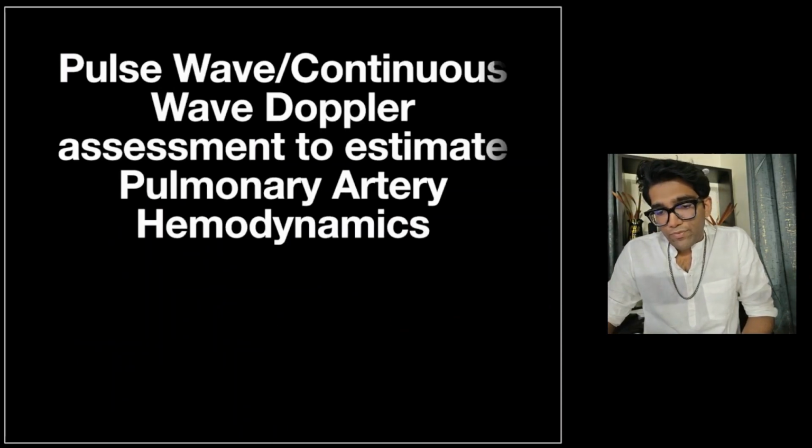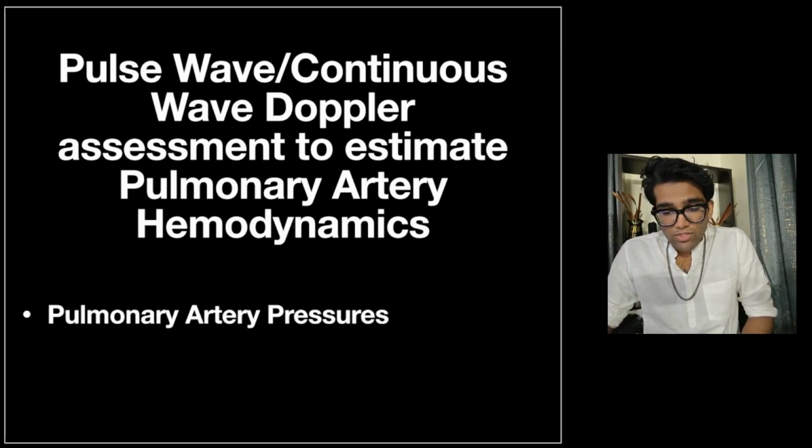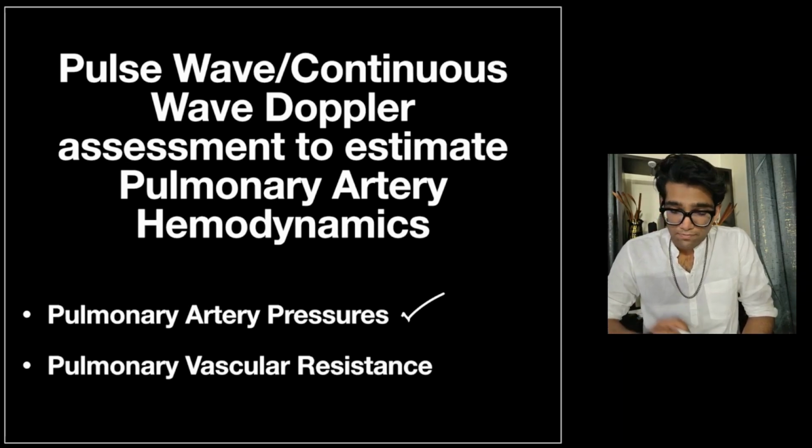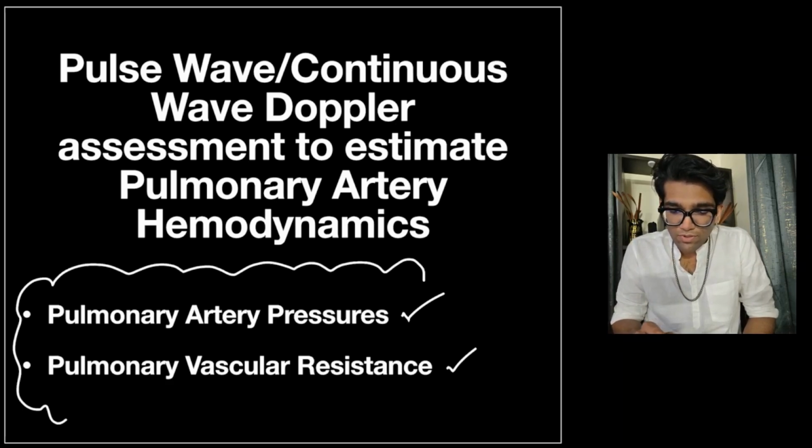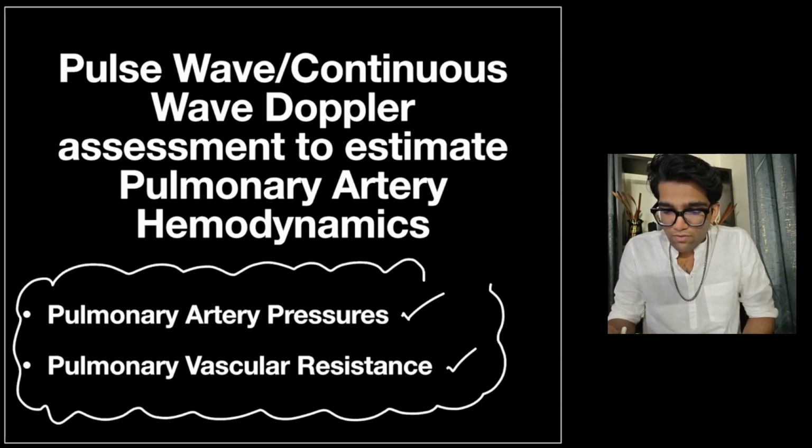Now moving on, we use pulse wave and or continuous wave Doppler assessment to estimate the pulmonary artery hemodynamics. There are two things that we can measure. One is obviously the pulmonary artery pressures themselves. The second is you can get an estimate of the pulmonary artery vascular resistance. These are what constitute assessment of the hemodynamics of the pulmonary vasculature.